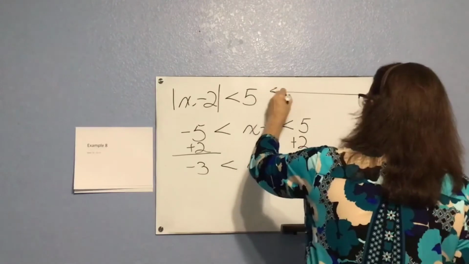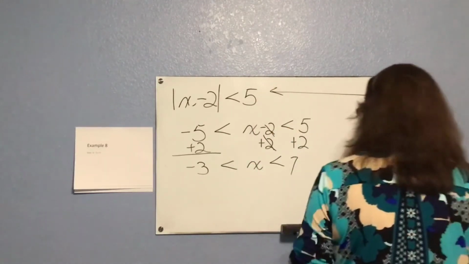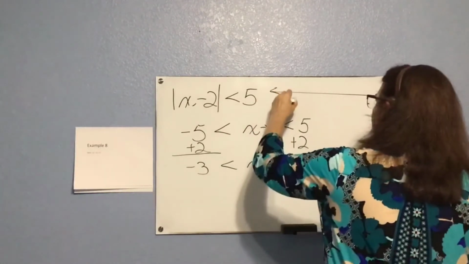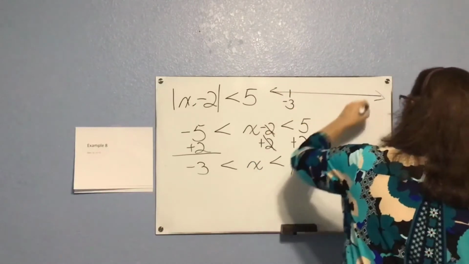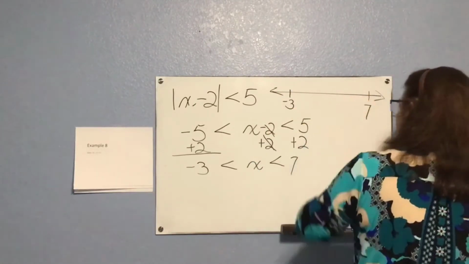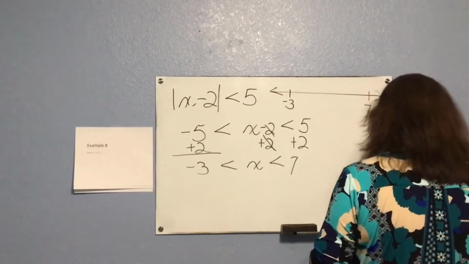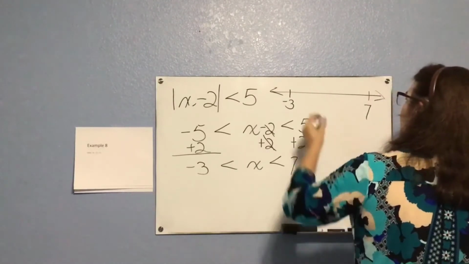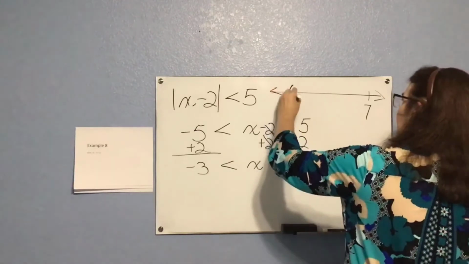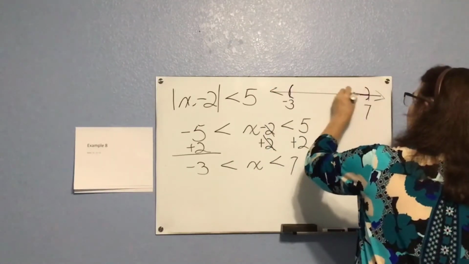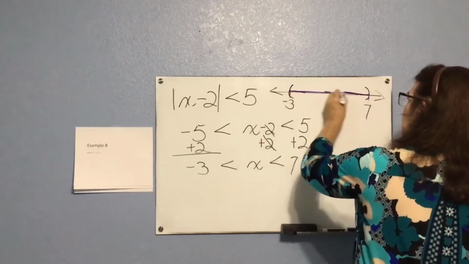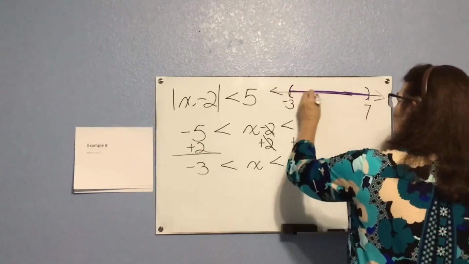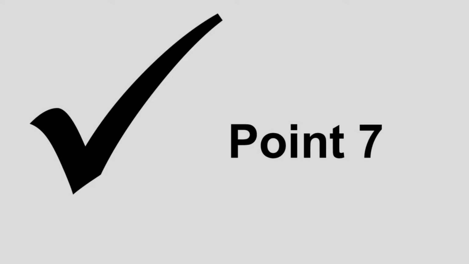So on my number line, I'm going to mark negative 3 and positive 7. And my x is in between those two numbers. So I'll mark it here. Pause the video now and work on checkpoint 7.